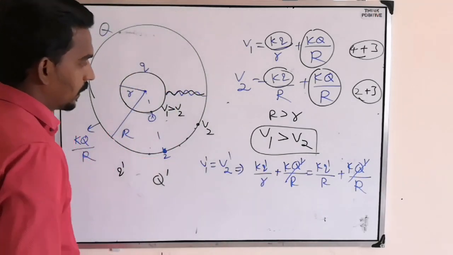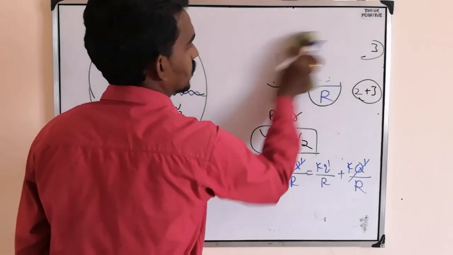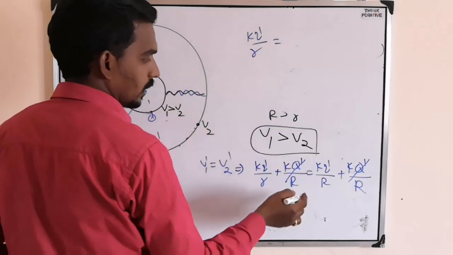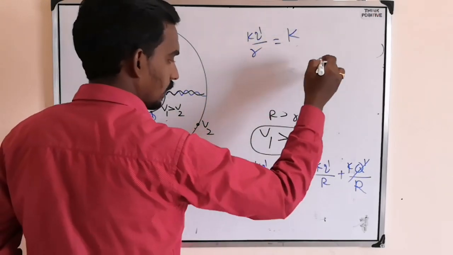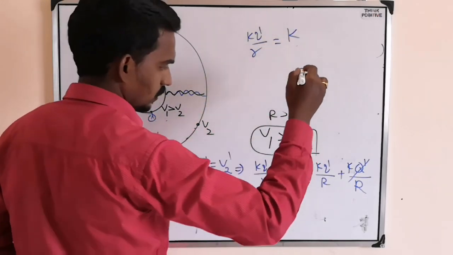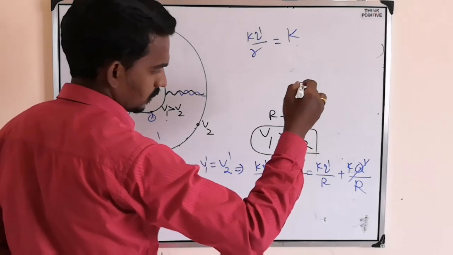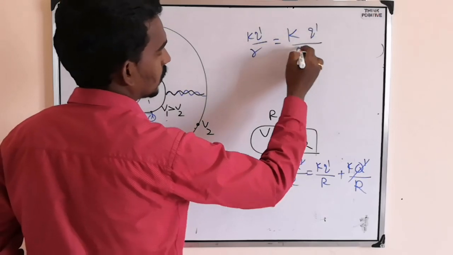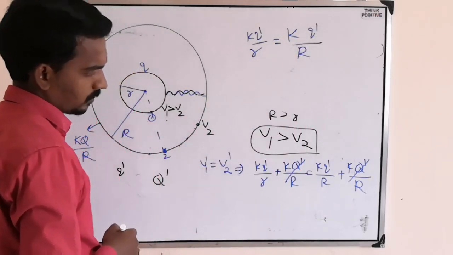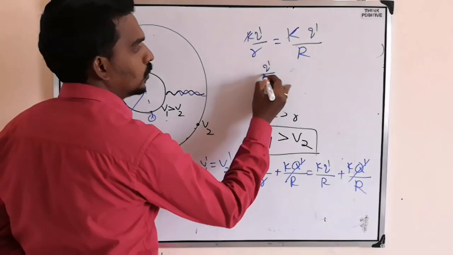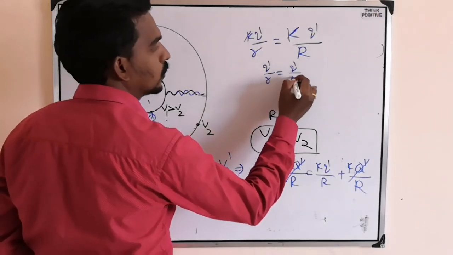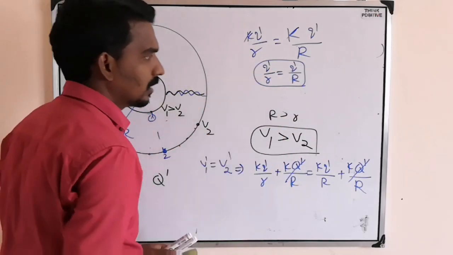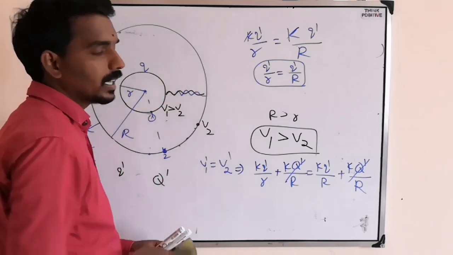Now what is remaining? Here Kq dash by r is equal to KQ dash by capital R, that is, q dash by small r equals q dash by capital R. Something looking very awkward.